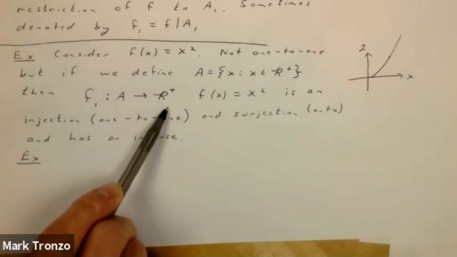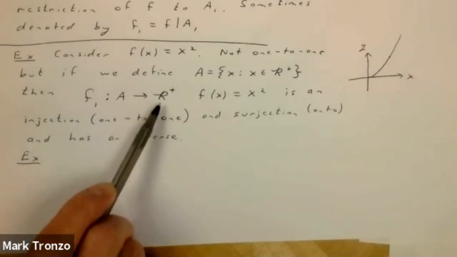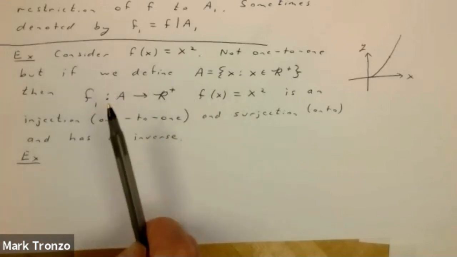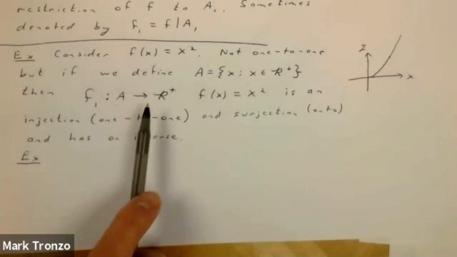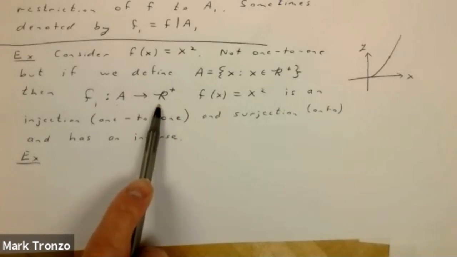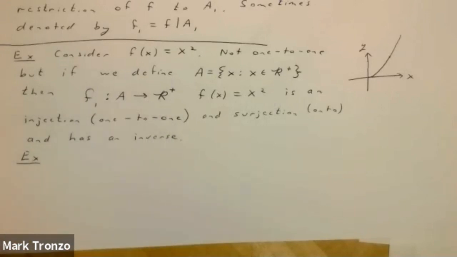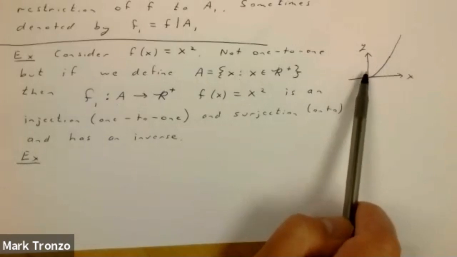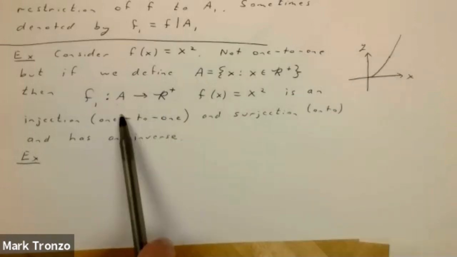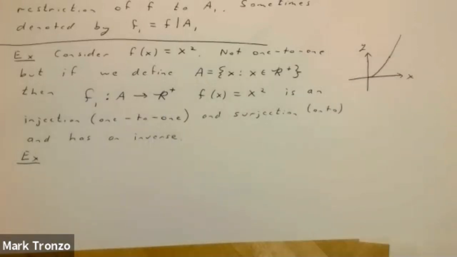Maybe it would be good to say two restrictions. So we're saying that we take values from here and we're just going to map them to the positives. That's right. So therefore, it's going to be one-to-one and onto if we restrict it that way. Can you think of another function that you might want to restrict to make it have an inverse?